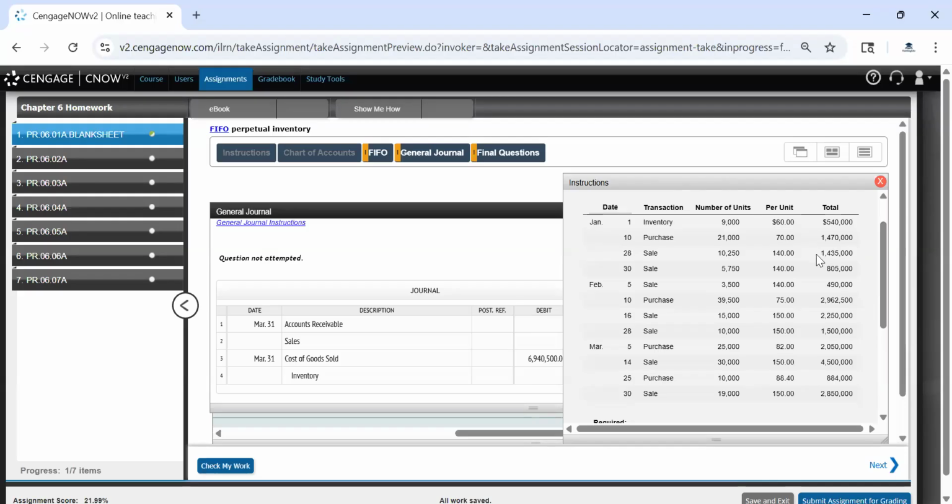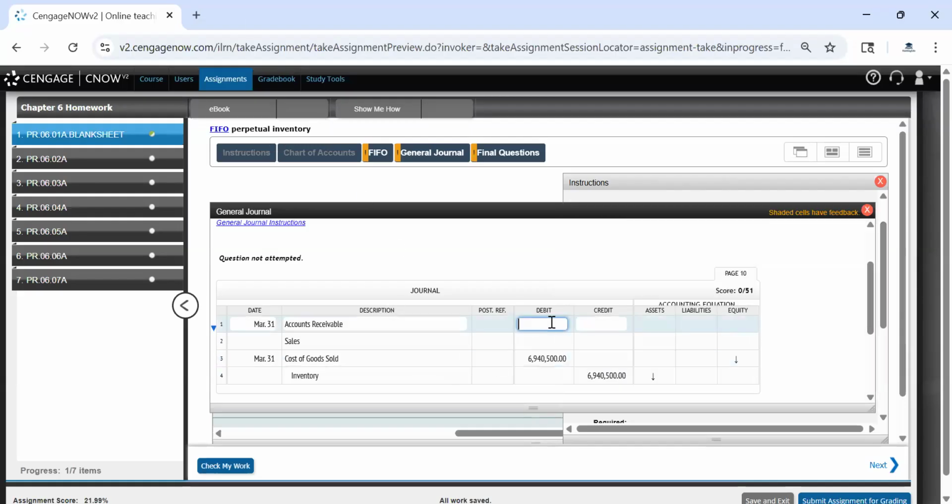So we need to add up 1,435,000, 805,000, 490,000, 2,250,000, 1,500,000, 4,500,000, and 2,850,000. And that comes out to $13,830,000. And that's our total sales for the period.